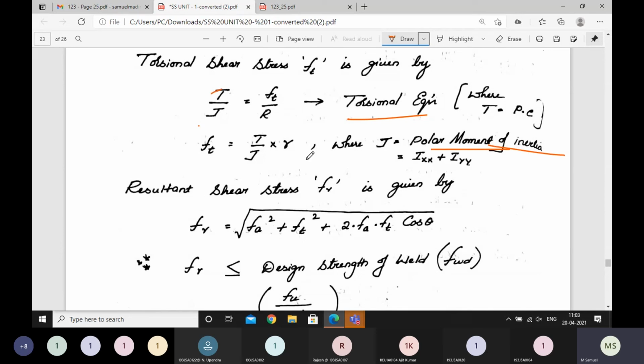T is torsional moment, or torsion, or twisting moment. What is Ft? This is nothing but torsional shear stress.